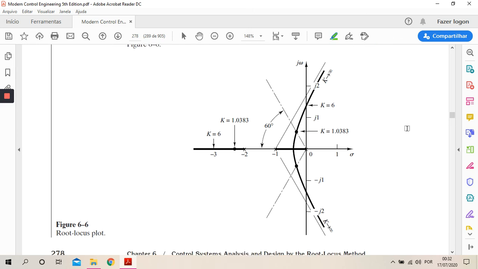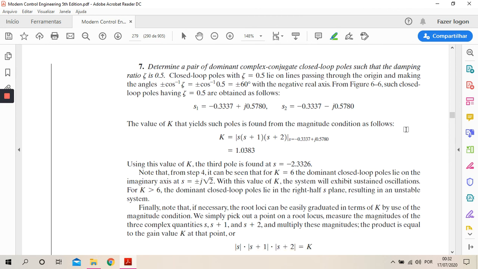And so this is the root locus for this exercise, okay? And there is going to be another step that will cover the initial condition of the problem, which says that the damping ratio ζ has to be equal to 0.5.